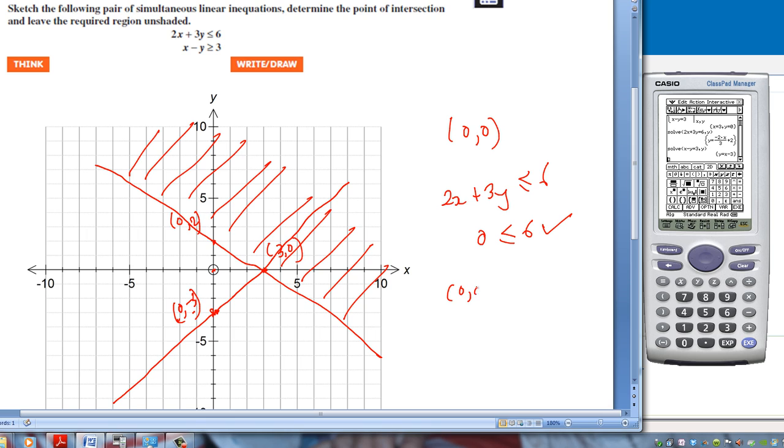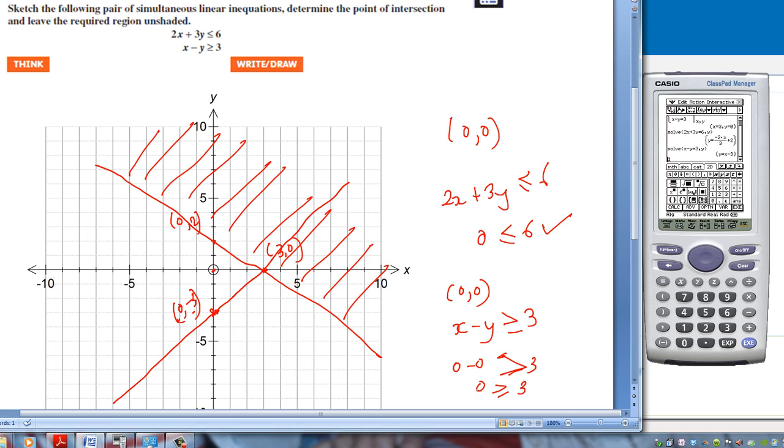So I write down my test point, and I write down my inequality: x take y greater than or equal to 3. So sub in 0 and 0. 0 take 0 is greater than or equal to 3. 0 is greater than or equal to 3.